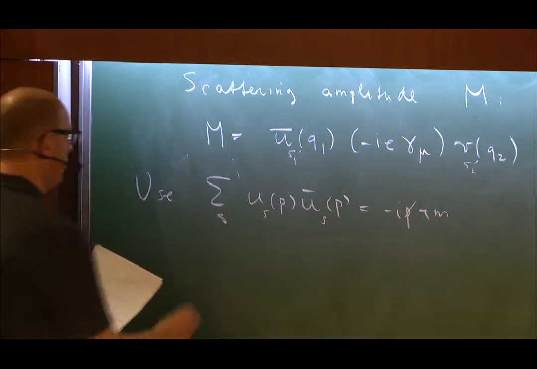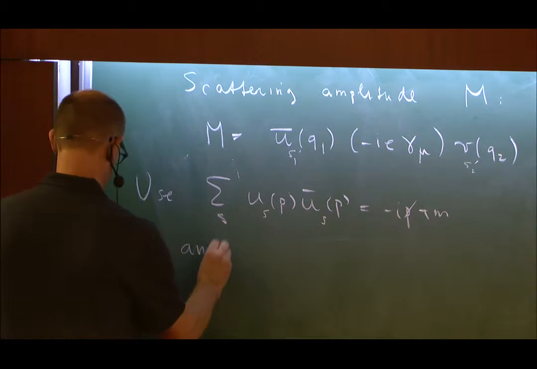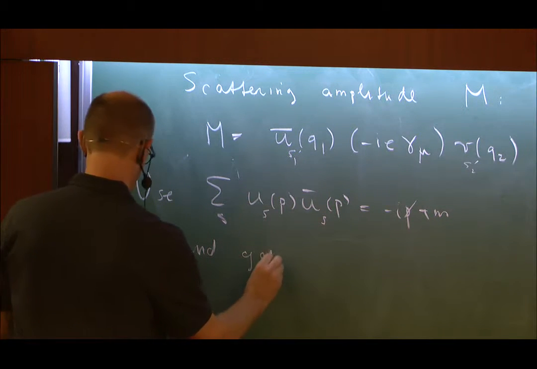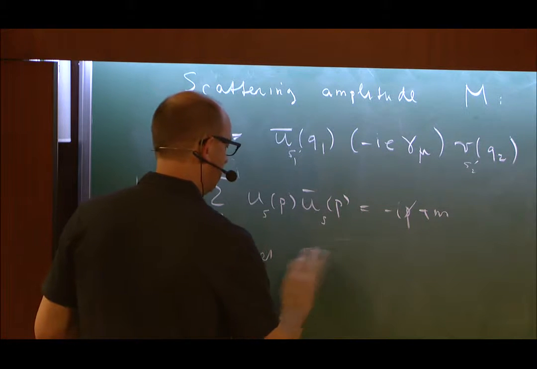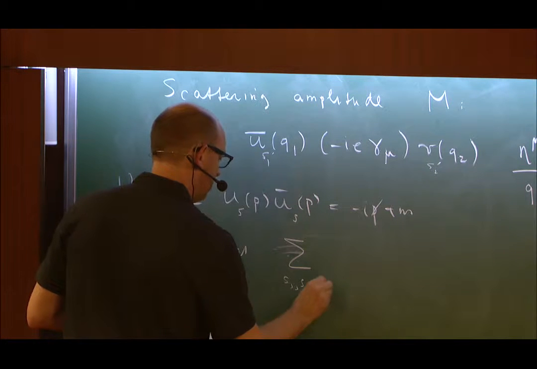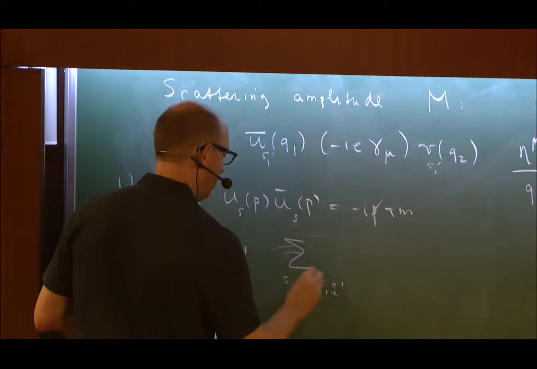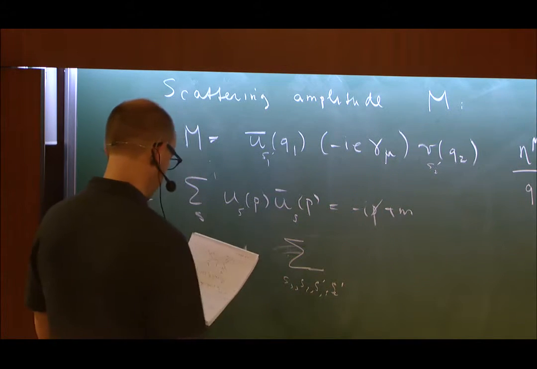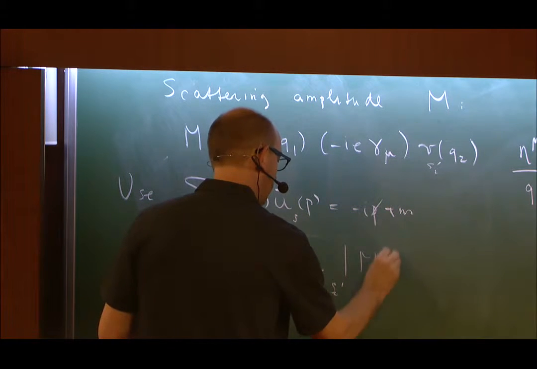And then you get the sum over s1, s2, s1 prime, s2 prime, all these 4 fermion spins, of the absolute value of M squared.